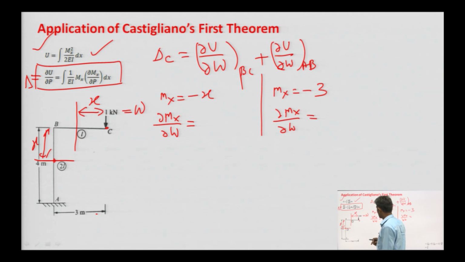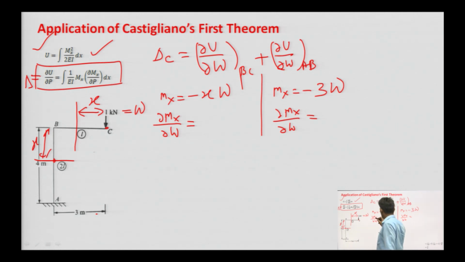Okay. Not w into 3, because you are replacing w into x, x into w. We have not taken 1. So, it is x into w or w into x with minus sign.